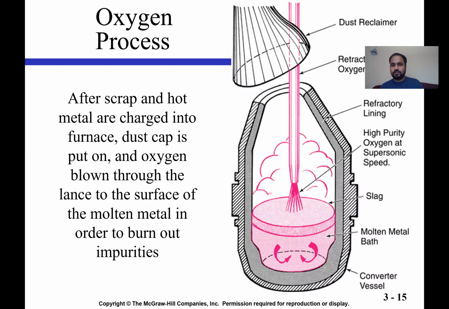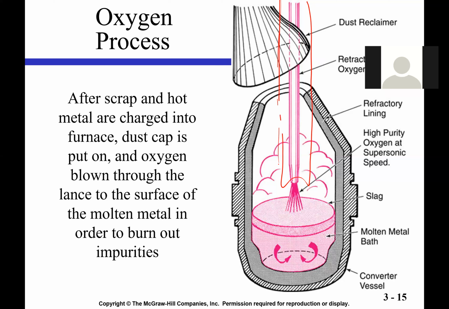So in a basic oxygen furnace, basically there's a big ladle, and in the ladle you put your molten metal, and with this big lance system, you are going to purge oxygen at supersonic speed, really fast. And this mixes the material completely, and you add some limestone as well, and that's how you can purify it.